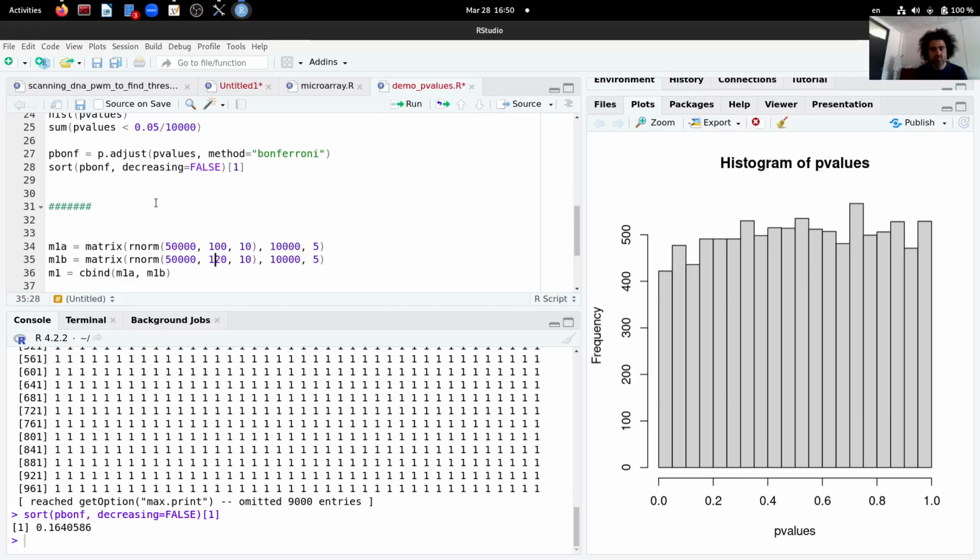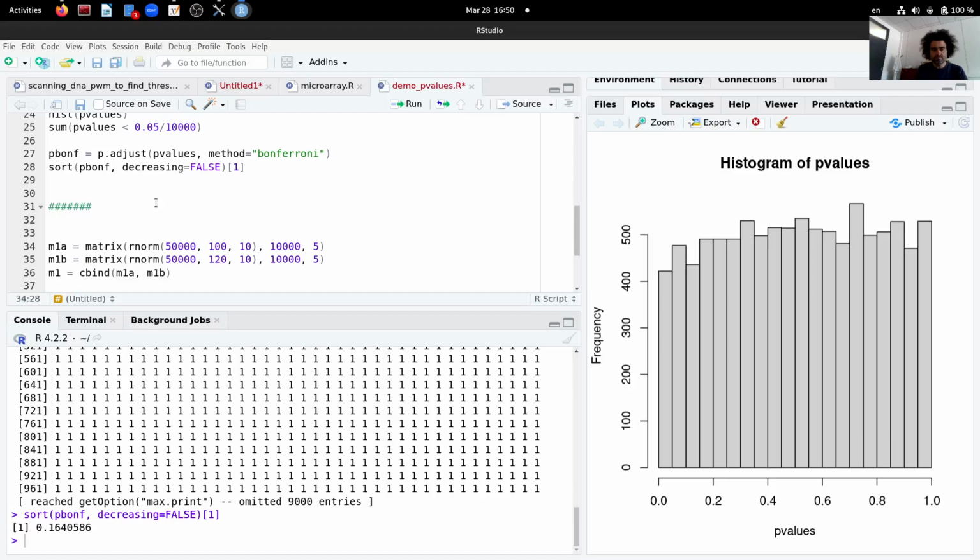However, now the expression values for the healthy population come from a normal distribution with mean 100, and for the diseased population they come from a normal distribution with mean 120, which means that in reality the expression values in the healthy and in the diseased population differ because they come from 2 distributions with different means.